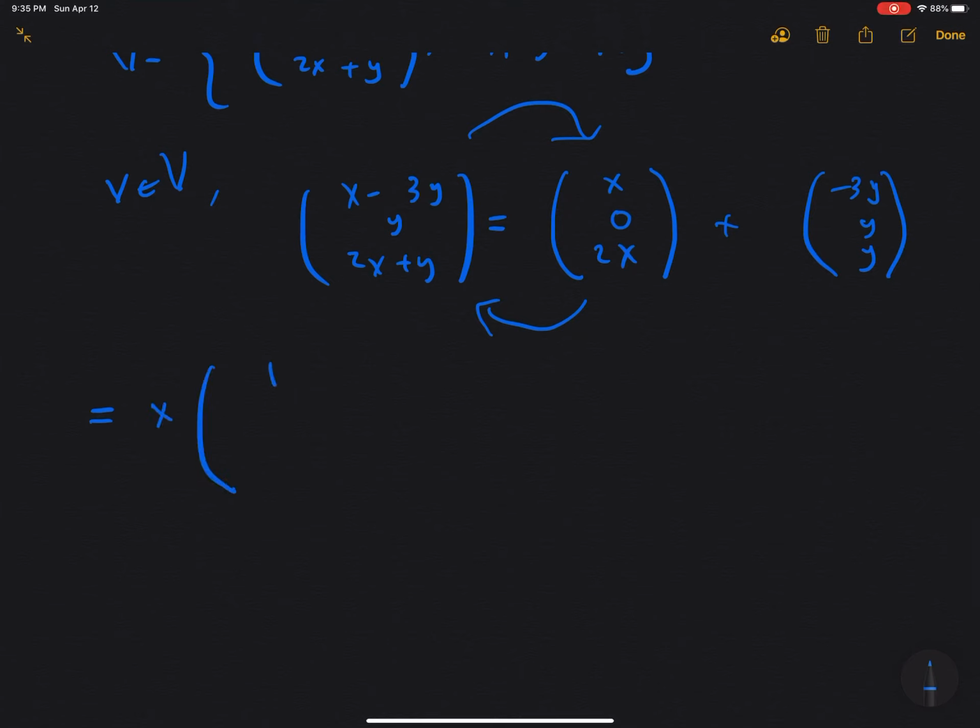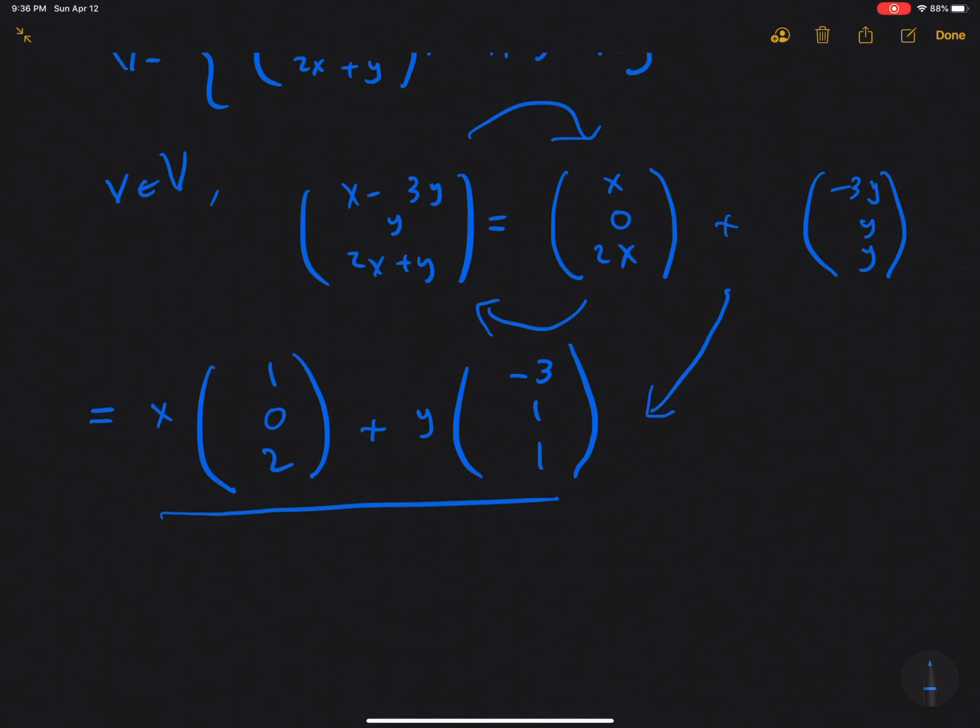So I'll get x times 1, 0, and 2 plus y times negative 3, 1, and 1. Notice how if I start from this side, I can arrive to the previous one. So all I did was to basically reverse engineer this part. So now I can go from that part to the last one.